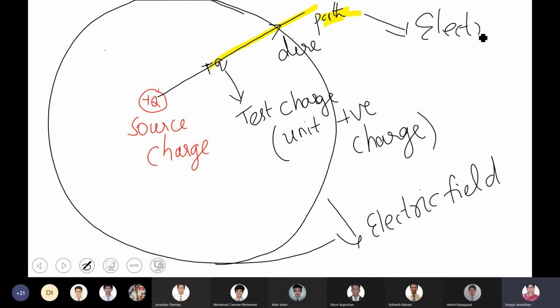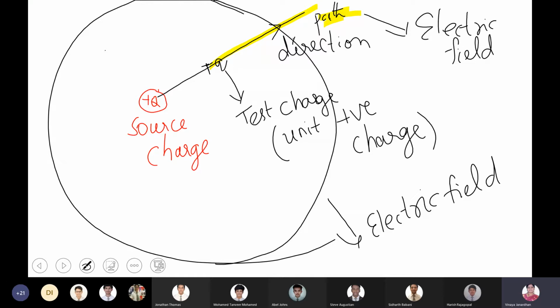So an electric field line is nothing but the path taken by a unit positive charge placed in an electric field, and the direction in which it moves gives you the direction of the electric field. Shall I repeat?